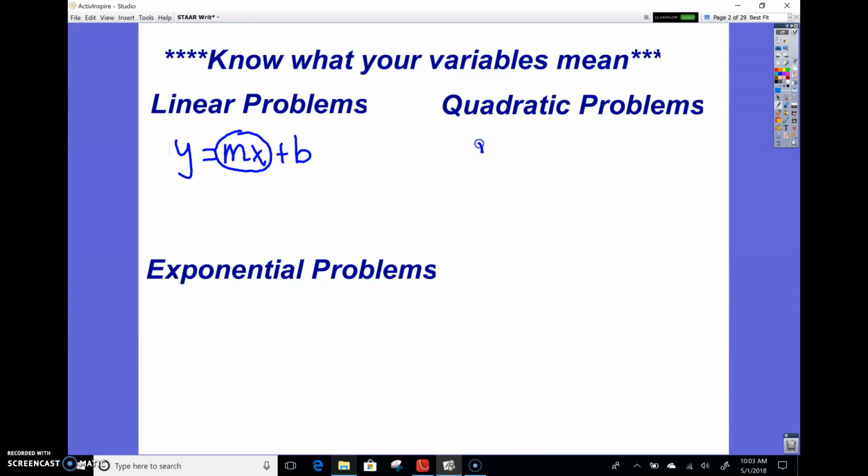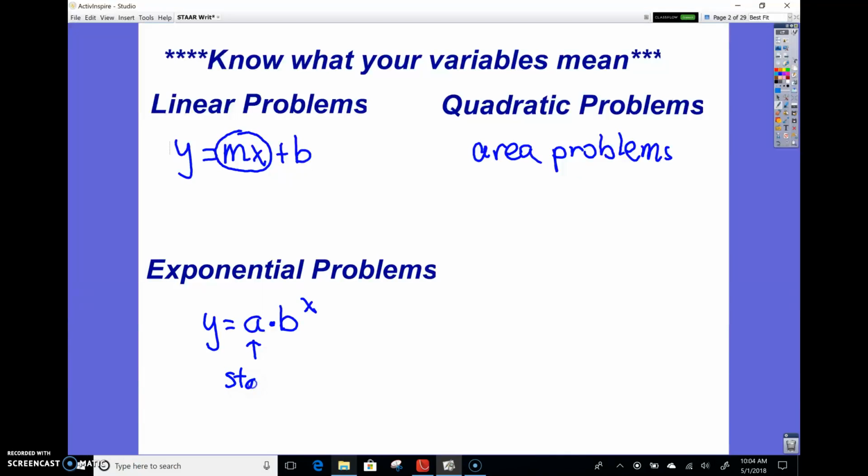Quadratic problems are usually area problems. Exponential problems, remember, are y equals a times b to the x power. A, remember, is your starting point, and b is your growth factor, or growth or decay factor.